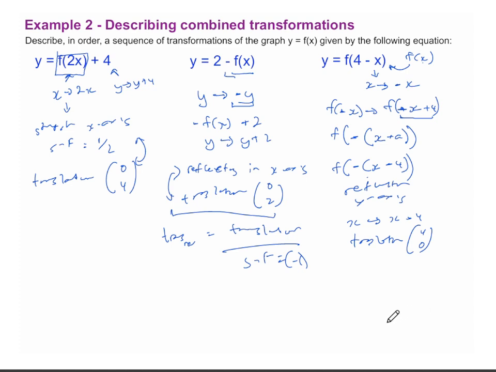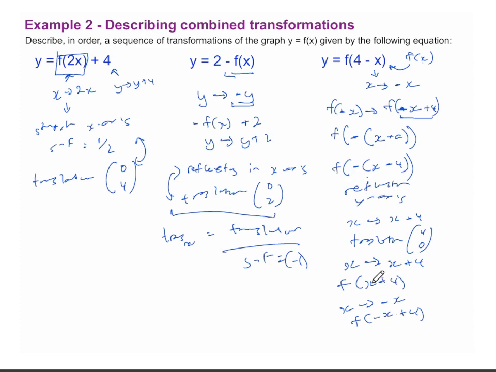The other option is, we add the 4 term first, then we can reflect it. So firstly, we do x becomes x plus 4, which makes it f of x plus 4. Then we make x becoming -x, which just makes it f of -x plus 4, which is the same thing as we had previously.